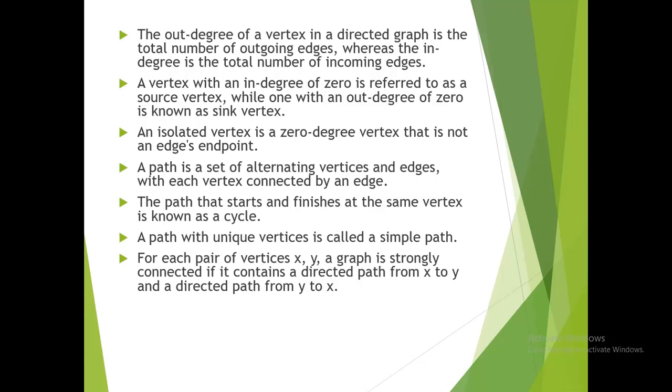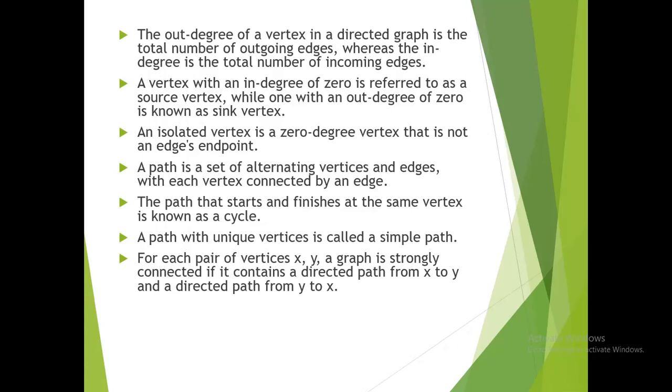A vertex with an in degree of 0 is referred to as a source vertex, while one with an out degree of 0 is known as a sink vertex. An isolated vertex is a 0 degree vertex that is not an edge's endpoint.